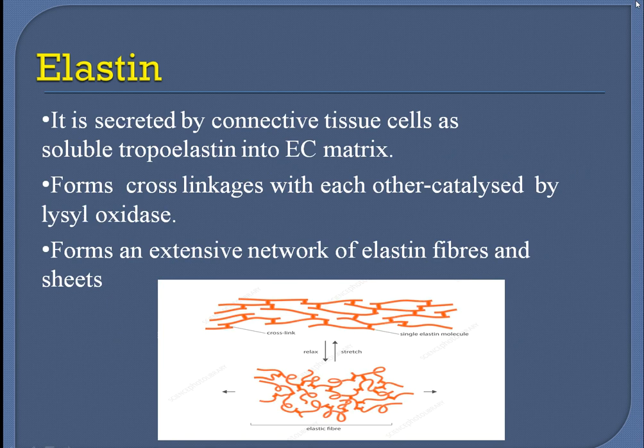Elastin is secreted by connective tissue cells as soluble tropoelastin into the extracellular matrix. It forms cross-linkages with each other, which are catalyzed by lysyl oxidase. It forms an extensive network of elastin fibers and sheets.